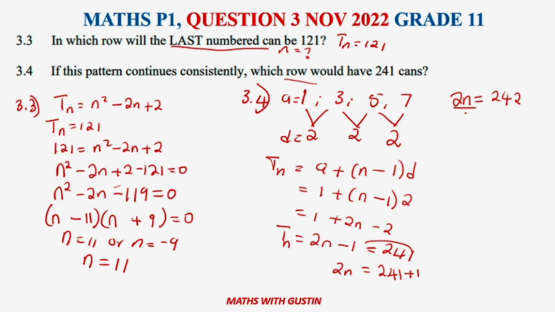Divide everything by 2 in order to get n: 2 into 24 goes 12, and 2 into 2 goes 1, therefore n equals 121. And that's how you would deal with a question like this one.